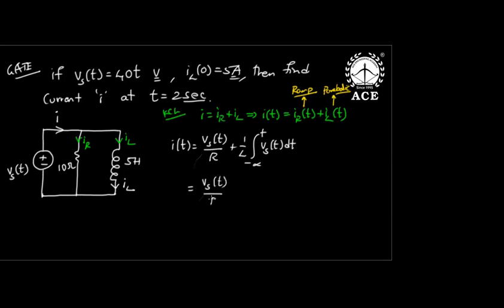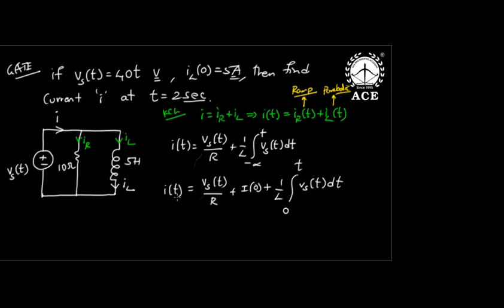Expanding, this is Vs of t by R plus I of 0 plus 1 by L integral from 0 to t of Vs of t dt.